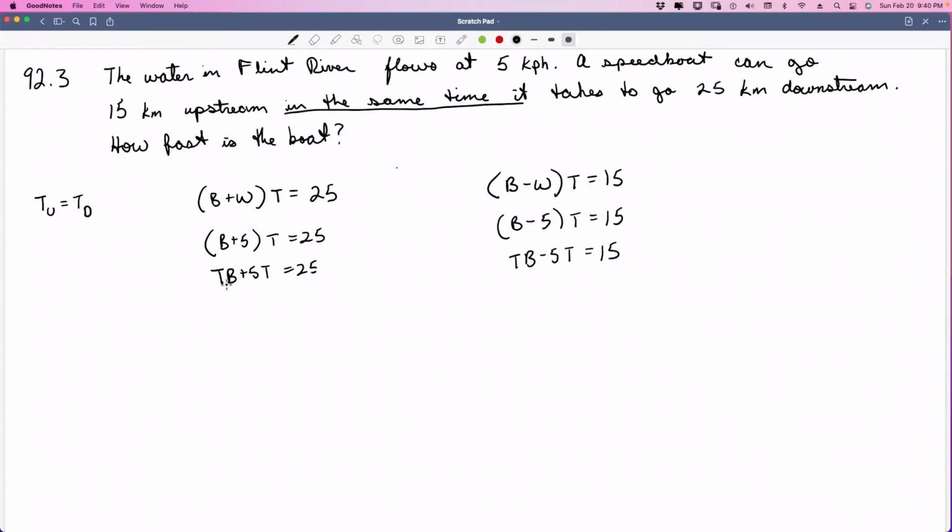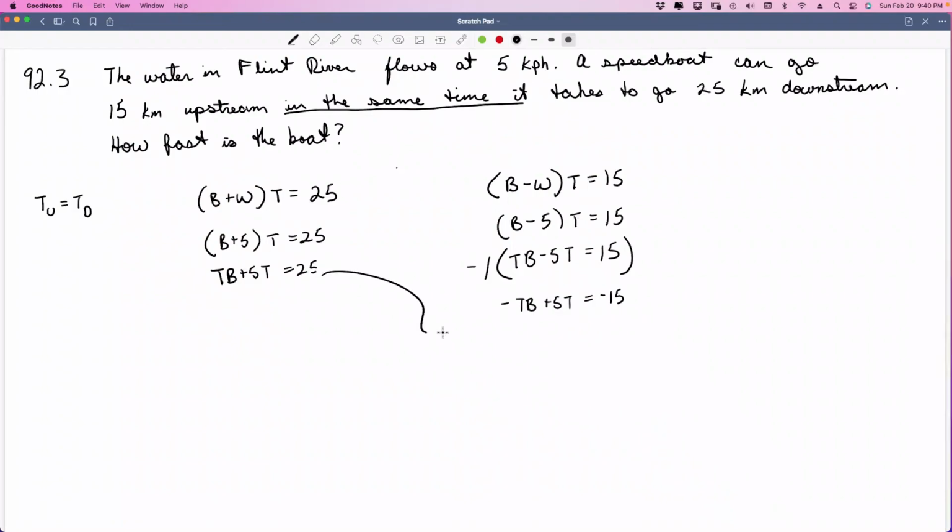So what we have to do is depend upon the term that only has one unknown, and that's going to be the 5t. So what we're going to do instead is multiply this one times a negative 1, because we need to get rid of the tb so that we can figure out what t is. And then it's going to give us negative tb plus 5t equals negative 15.